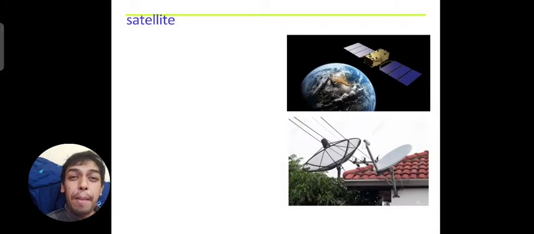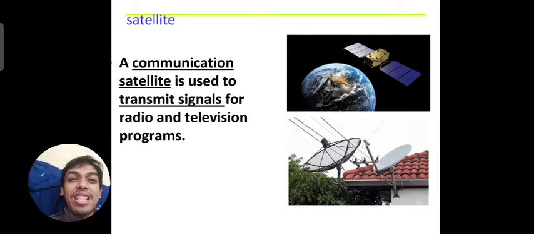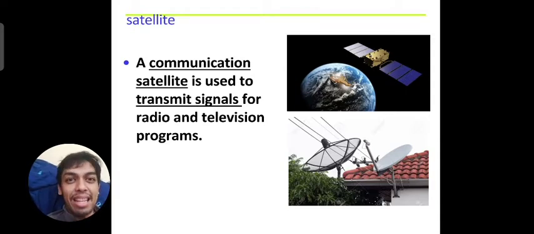Now let's go to our next word. The picture on the top, that is a satellite. Let's say together, satellite. This particular satellite has a receiver on the earth, and it is actually used for TV. A communication satellite is used to transmit signals for radio and television programs.